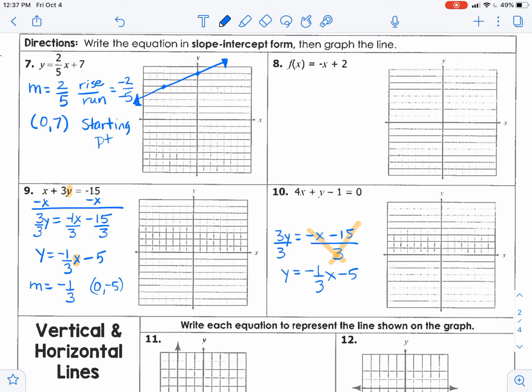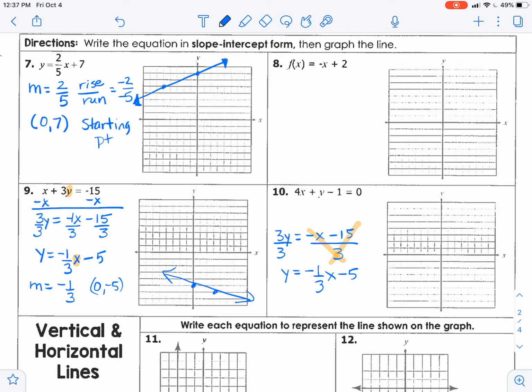So I'm going to go 0 and negative 5, 1, 2, 3, 4, 5. If I'm ever off on this, it is my eyesight. I have a hard time tracking those lines. So 0, negative 5, I have a slope of negative 1/3, which would mean down 1 and right 3. Okay, and then again, I'm going to use a straight edge, draw, and put arrows on the end.